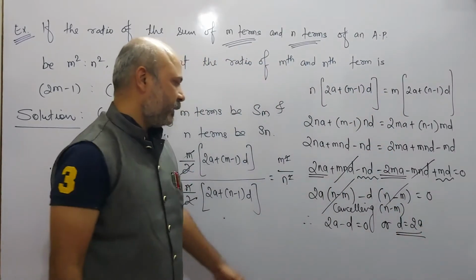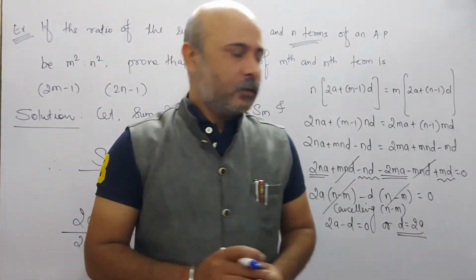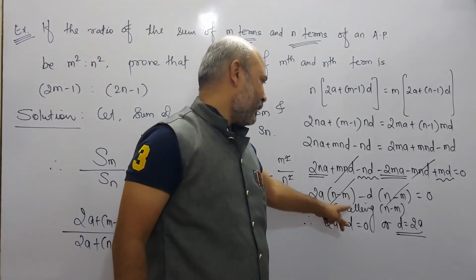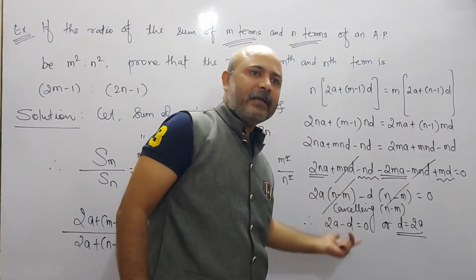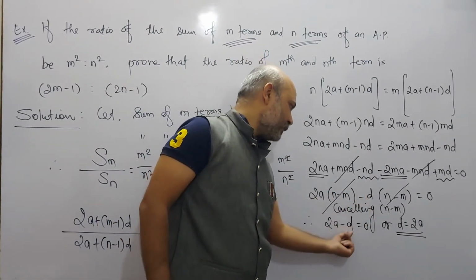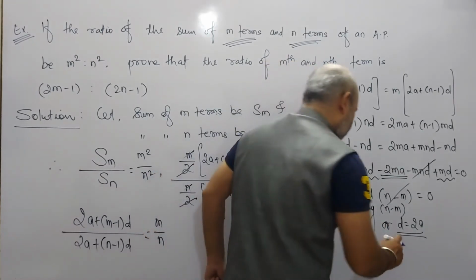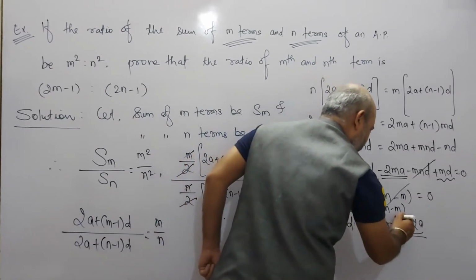What is the value of d now? d is 2a. Clear? So either you cancel n minus m or divide, one and the same thing. So what you will get then? 2a minus d is equal to 0, or you will get d is equal to 2a.